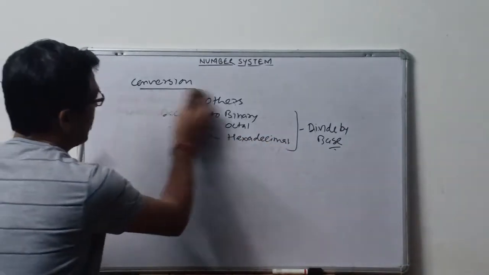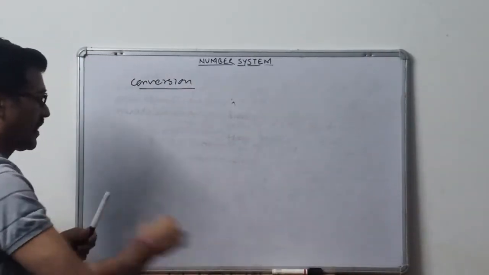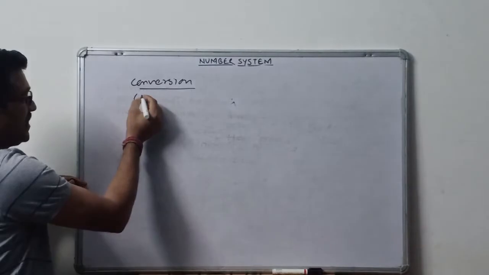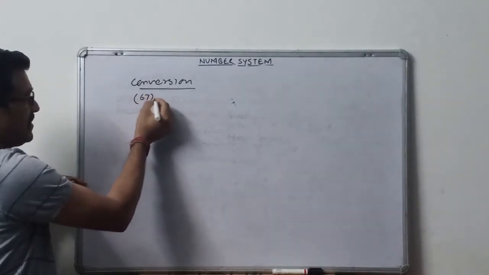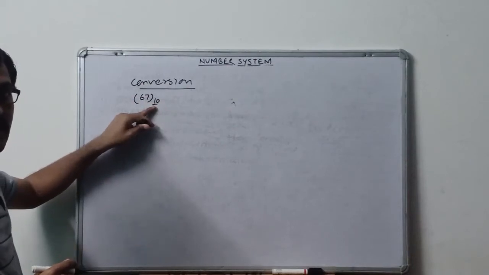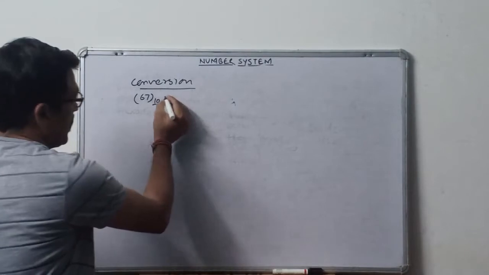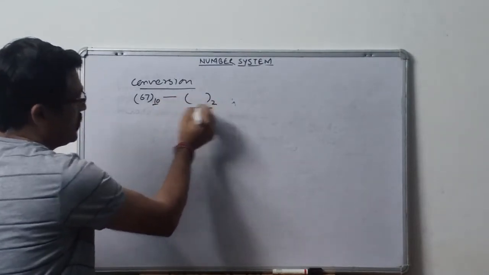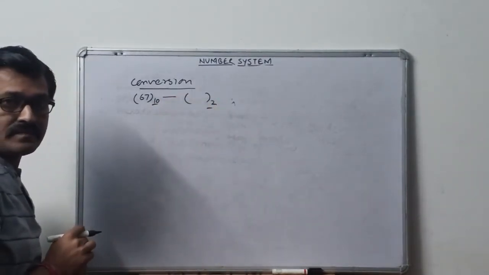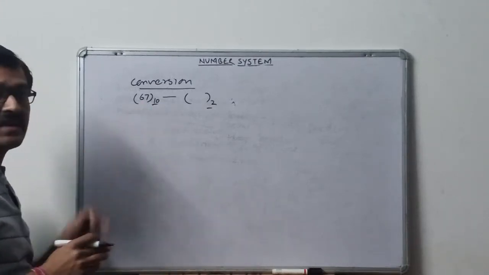Look at it. I am showing you an example. Suppose this is a number 67 in decimal. Look at it. I have written 10. So the base is 10 of this number. It means it is a decimal number. I need to convert it into binary. The binary equivalent of the decimal number 67.